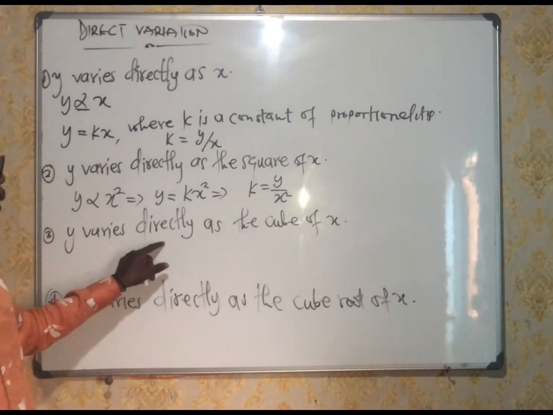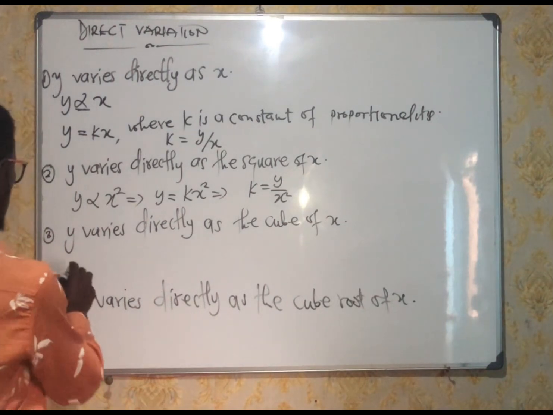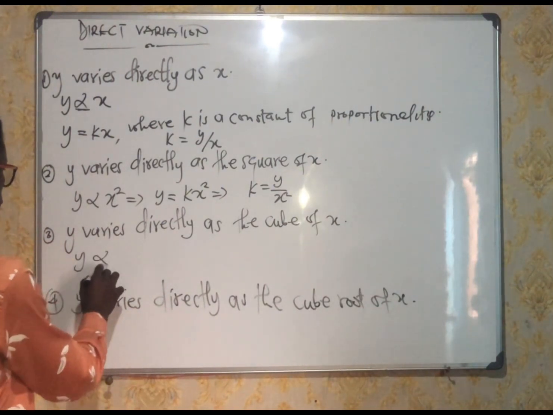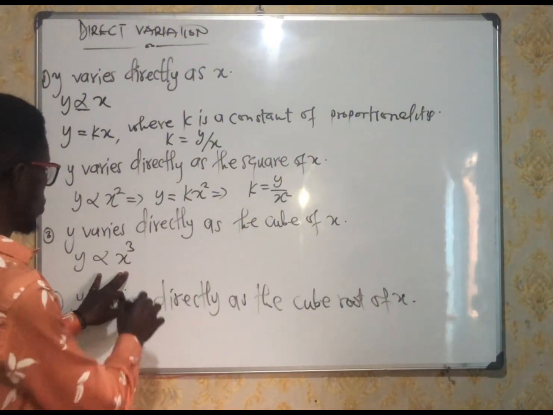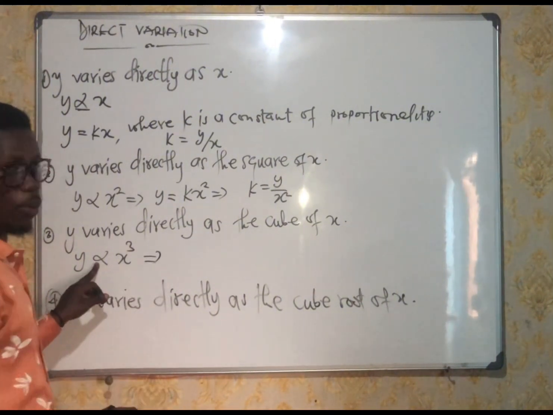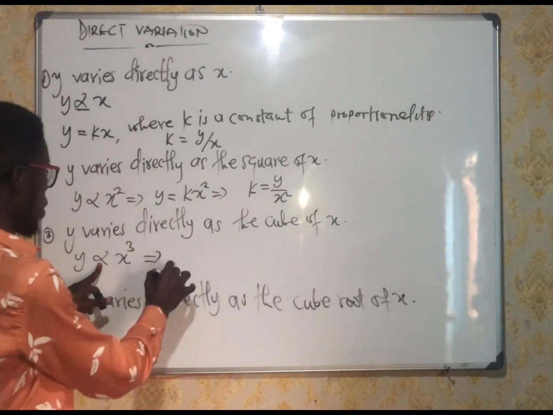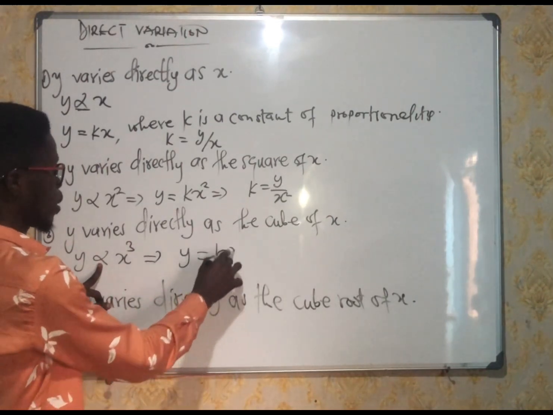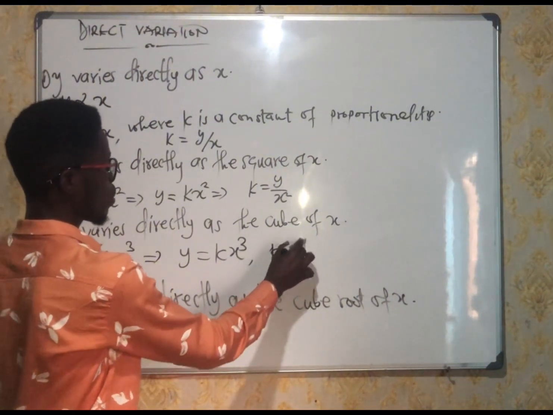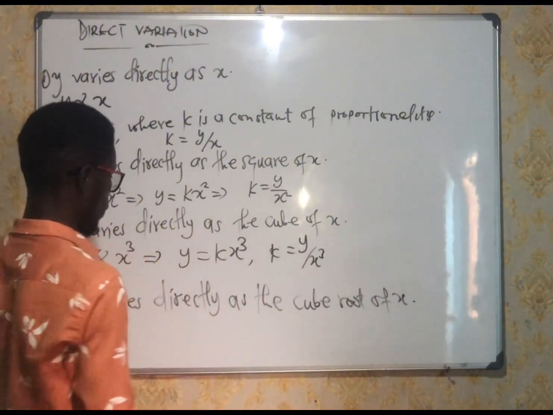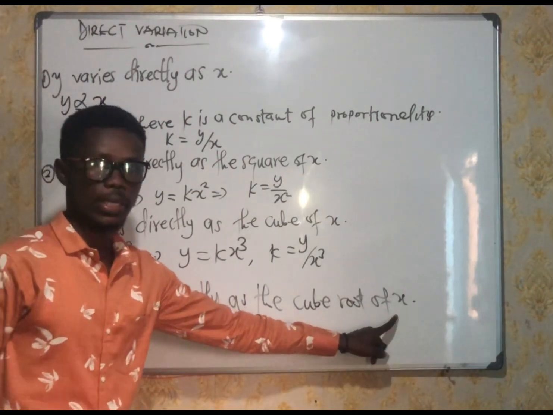Now let's look at this. Y varies directly as the cube of x. If I want to take off the variation symbol, then I have y equals kx cubed, meaning that my k will be y over x cubed. Next, y varies directly as the cube root of x.